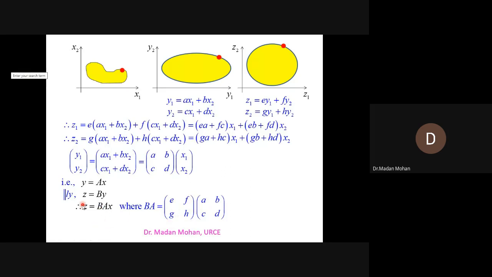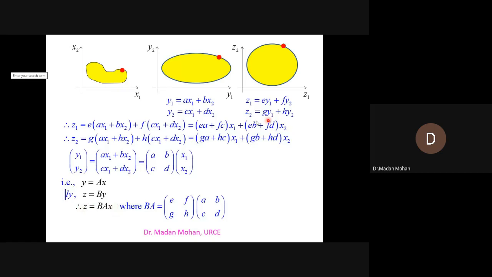Now please observe, I need Z value directly from X. This is the BA. Now this BA, when you write this B and then A side by side, the output should be these four. Please observe this here. Because Z1, Z2, Z terms, column vector.